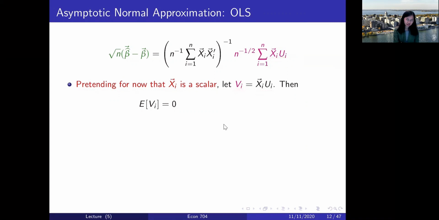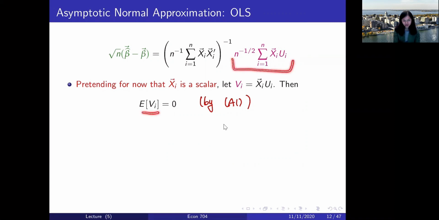Then we know E[v_i] equals 0. This is by orthogonality, right? Because E[v_i] in this case would be E[x_i u_i], and that equals 0 by A1, by the orthogonality condition we talked about when we discussed consistency. And the expectation of that equals 0.